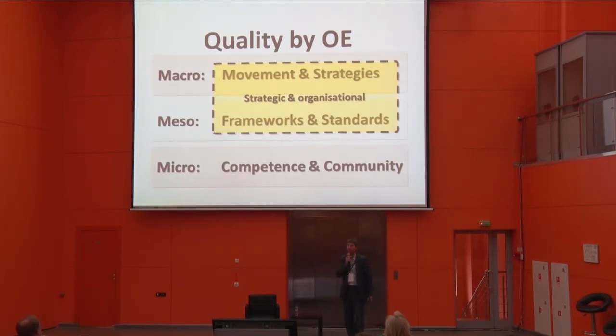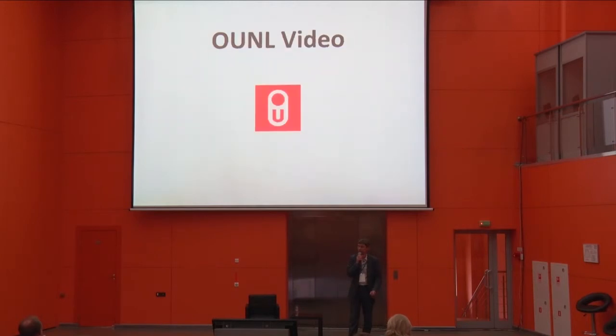At the micro level, we are dealing with the competence building and the community building. At the meso level, frameworks and standards can help a lot to facilitate quality in open education. And at the macro level, the movement from the grassroots, but also from international organizations like Open Education Consortium and ICDE can do a lot, as well as strategies in your own organization.